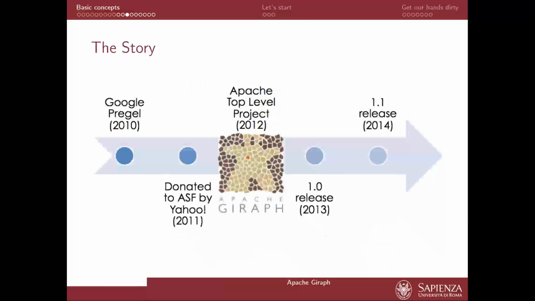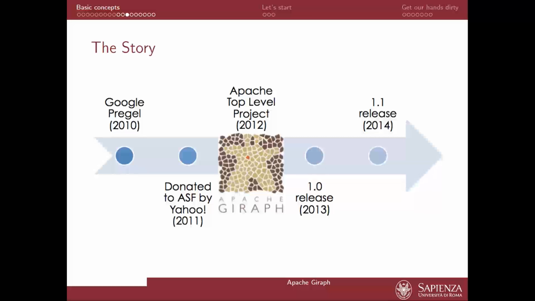And Giraph was born as the Google Pregel open source counterpart in 2010, then became a top-level project of Apache in 2012. Now we have version 1.1, which was released in 2014.